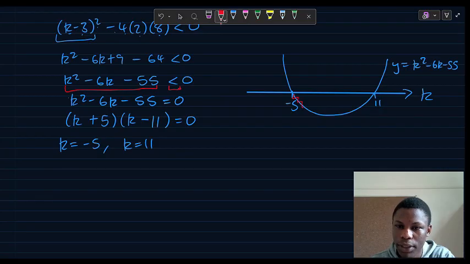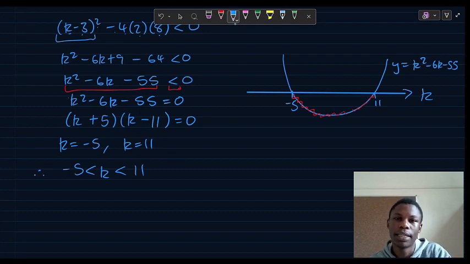That's this portion here. That's when our curve is below 0. So we can therefore say for our curve to be below 0, k has to be between negative 5 and 11, and that will be our final answer.